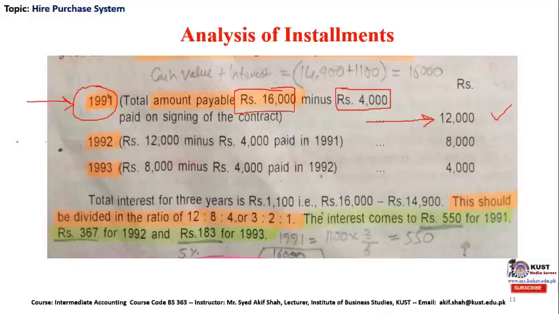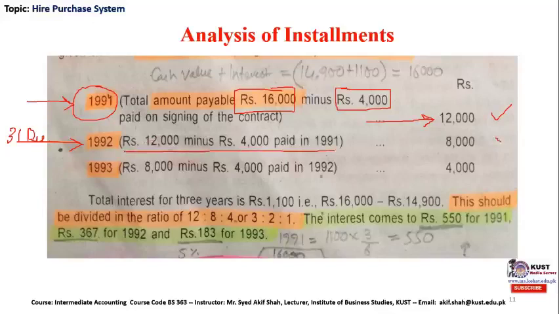Similarly, at the end of the second year, we have already paid our first installment at the end of 1991. So at December 31st, 1992, the outstanding balance will be this 12,000 minus 4,000 first installment, as mentioned in the brackets, paid in 1991.